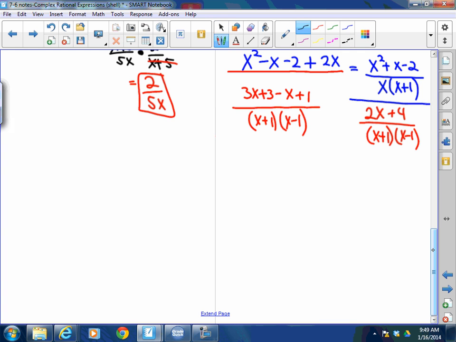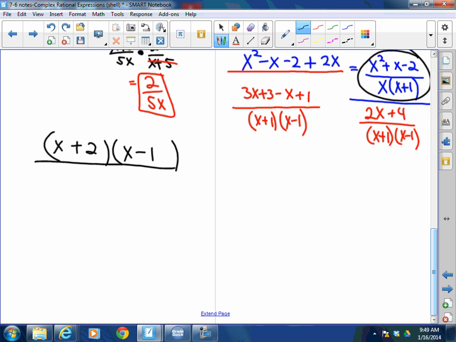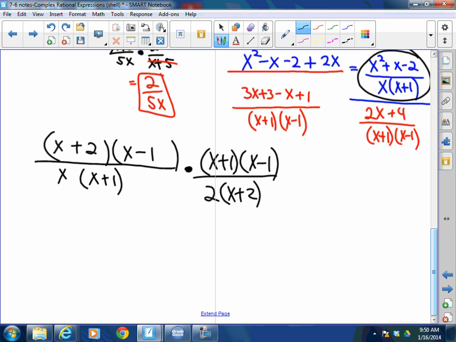Now I'll put it all together in black. Let's factor out what we can from here. This is going to be x times x. What times what is negative 2, but we add it together is positive 1. Plus 2 minus 1. Thank you. Over x times x plus 1. So let's stay, change, flip. And now we factor out that 2. Now the fun part. Reduce, simplify.